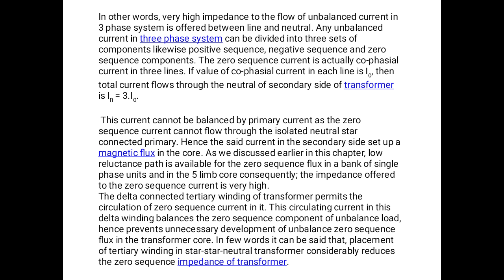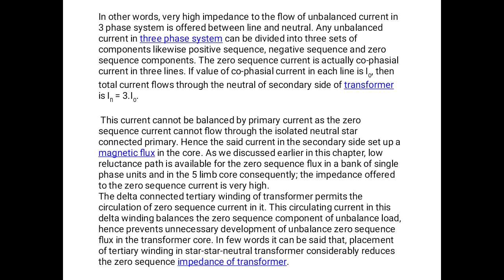In a few words, it can be said that placement of a tertiary winding in a star-star neutral transformer considerably reduces the zero sequence impedance of the transformer. It means the advantage of a 3-winding transformer or tertiary winding is, first, that it can supply the auxiliary load.